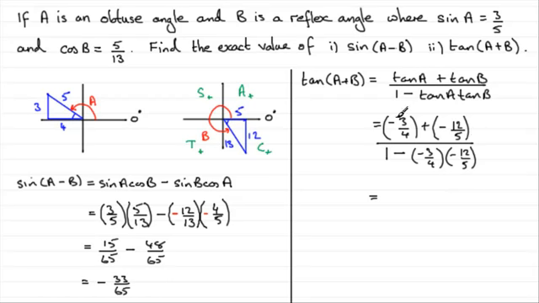When I multiply this term by 20, 4 will go into the 20 5 times, and I'll get minus 3 times the 5, minus 15. When I look at this term, multiplied by 20, 5 will cancel into 20 4 times, 12 4s are 48, so I end up with minus 48.